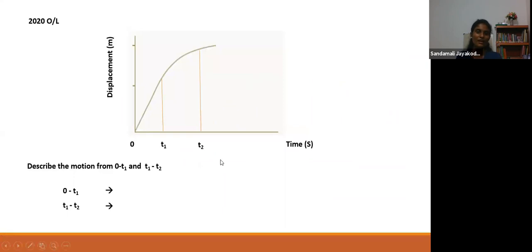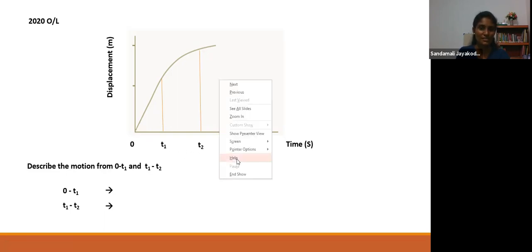In the question, they are asking us to comment. This is an MCQ question, but I couldn't get the paper, so I typed it. Here you have to tell what is the movement from 0 to T1 and T1 to T2.